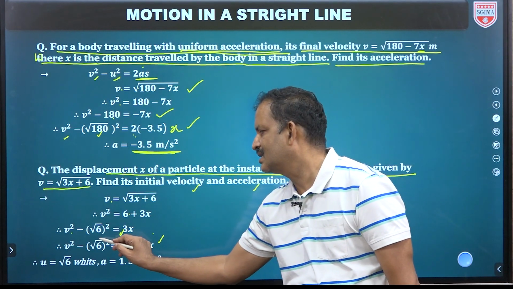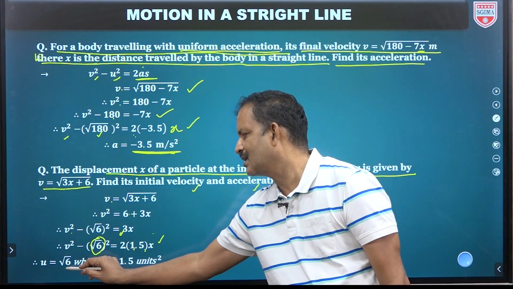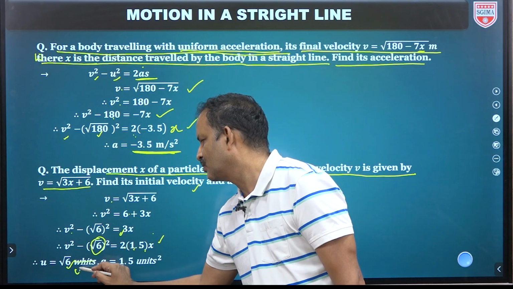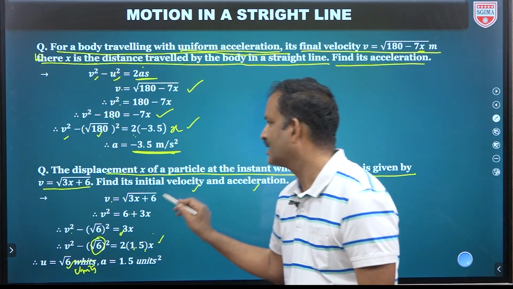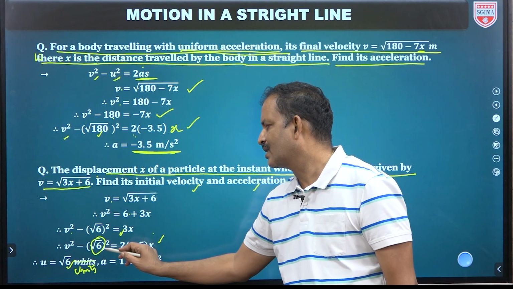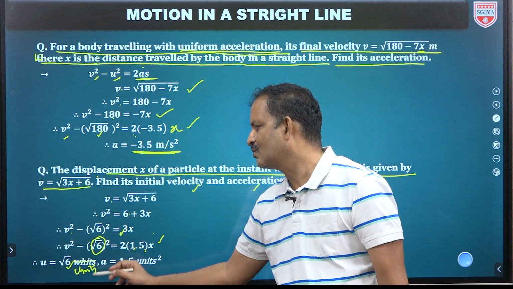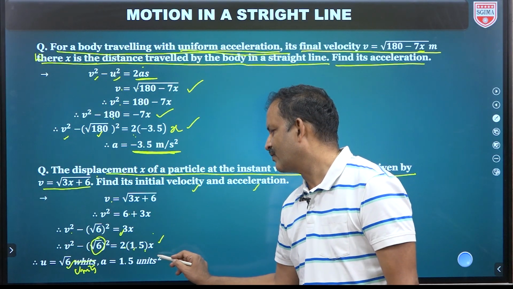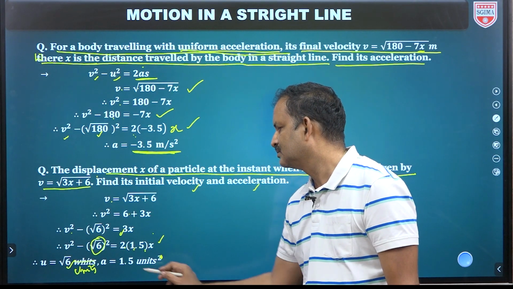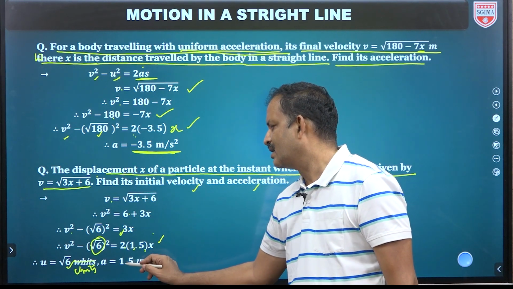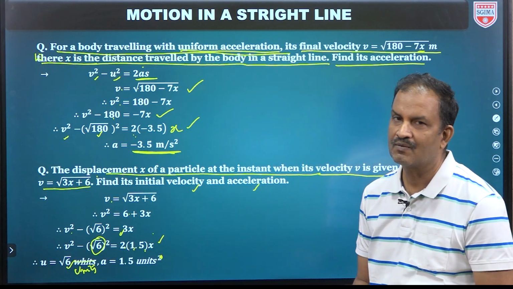From this, U is the initial velocity, root 6. Units: here they are not giving the units. Suppose meters per second is given, then we can write meters per second, but we don't know the units, that's why I am writing A is 1.5 units. If it is given in meters per second, you will get 1.5 meters per second square.